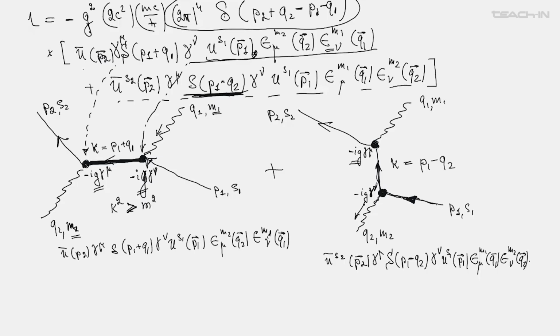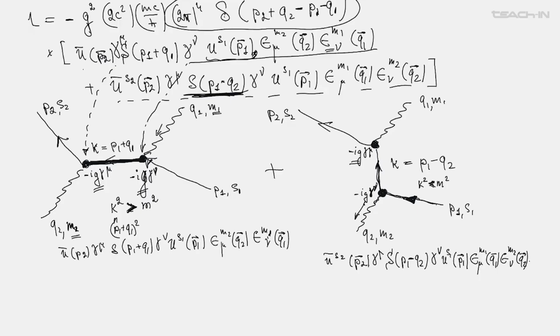That's because, what is k squared? k squared is (p1 plus q1) squared, and if you open the square, you will get p1 squared, but by mass shell, p1 squared is equal to the mass of the electron squared. And therefore you see that in this diagram, k squared is bigger than m squared. While in the second diagram, you can show that k squared is less than m squared. And so these are two relevant processes which can happen.